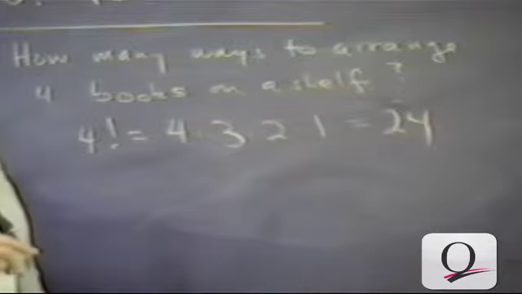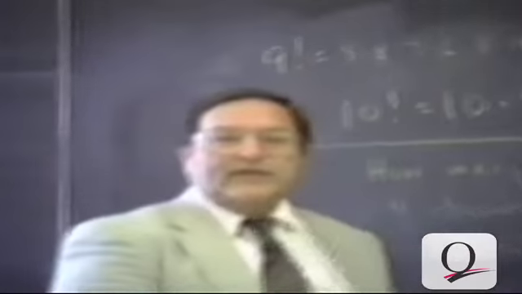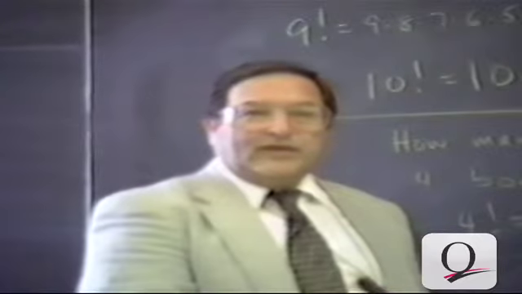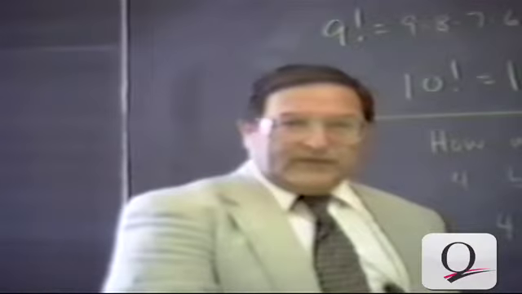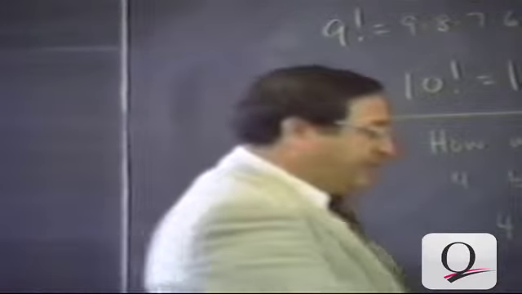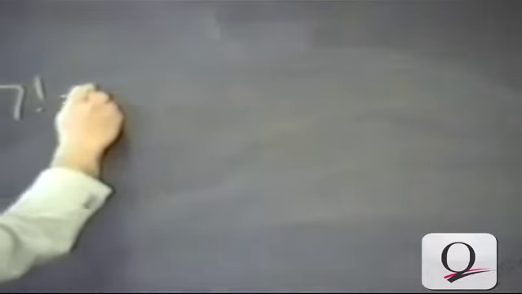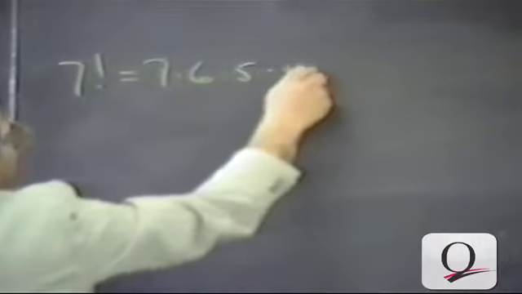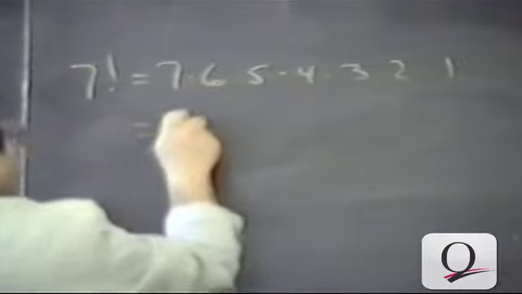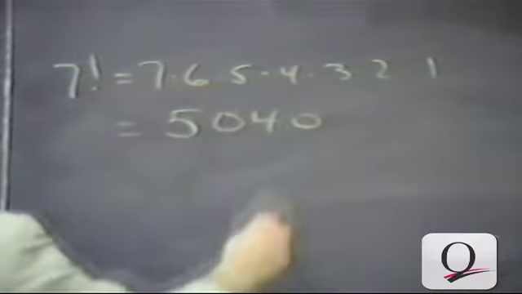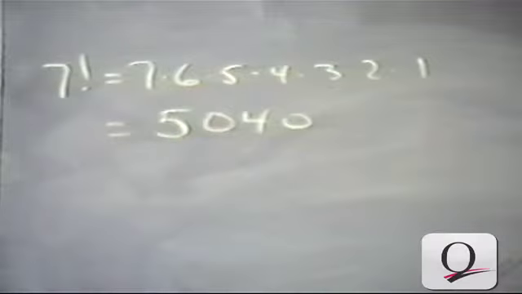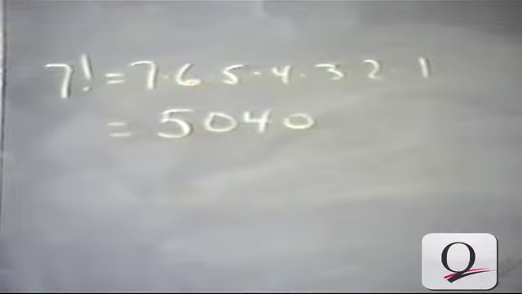Another example, let's say you're playing Scrabble and you have 7 distinct letters on your tile board, and I stress that they're distinct. How many ways could you arrange them? The answer would be 7 factorial, over 5,000 ways, 5,040 ways to arrange 7 distinct letters.